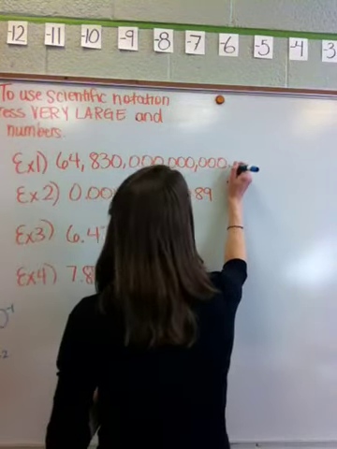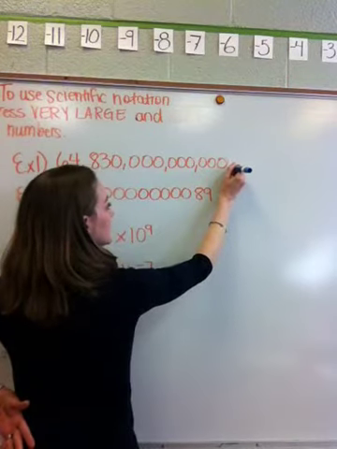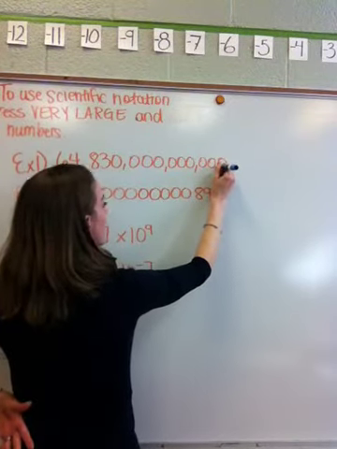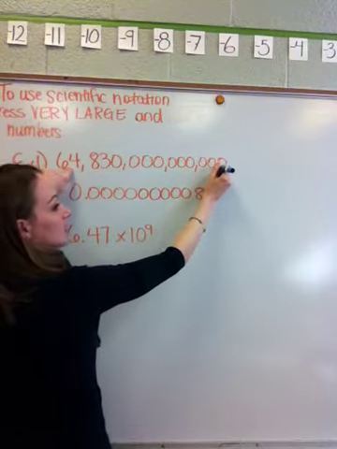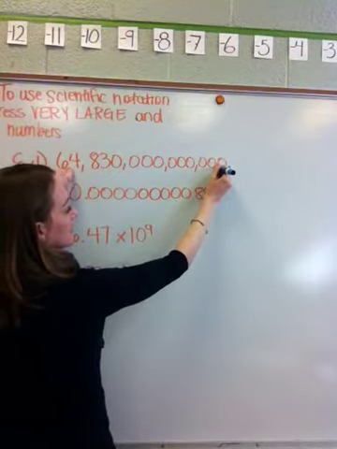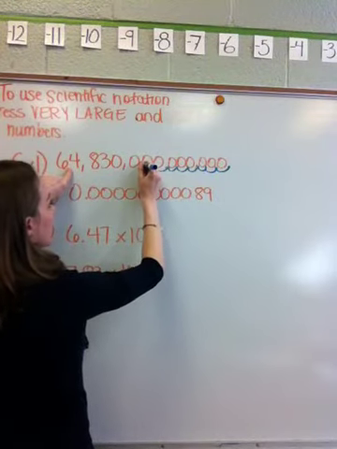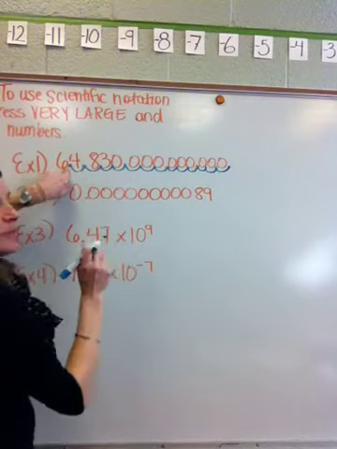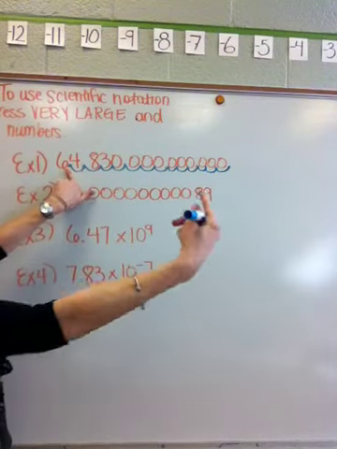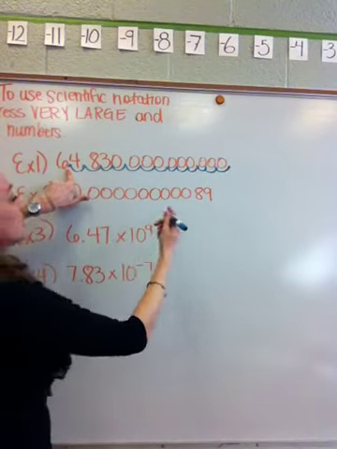This is a whole number, not a decimal, so I'm going to put my decimal at the end and move it until I get to right here. This is going to be called a significant digit. 2, 3, 4, 5, 6, 7, 8, 9, 10, 11, 12, 13. So I've moved my decimal place 13 places to the left.